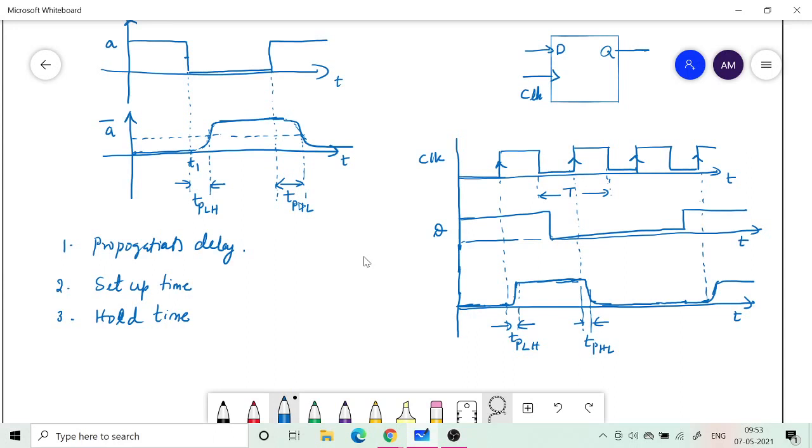For example, if you look here, the value of the input D is changed a little bit early, this much early before the active edge of the clock has come in. Therefore, when the active edge of the clock came, this change was reflected at the output. It has gone to the output.